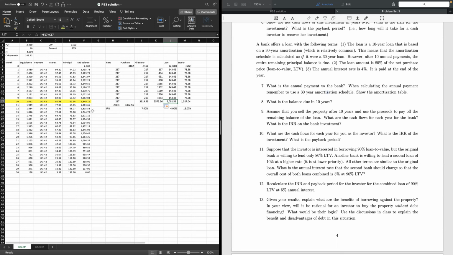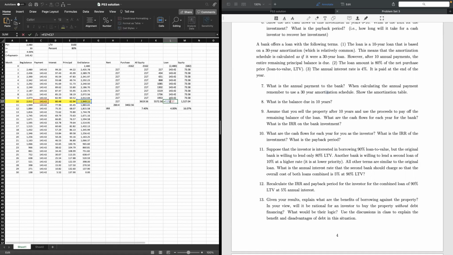So in other words, the ending balance will just be the principal that you need to pay the bank. You also need to pay the interest. So altogether, you still pay this payment to the bank plus the ending balance. I hope I'm clear here.